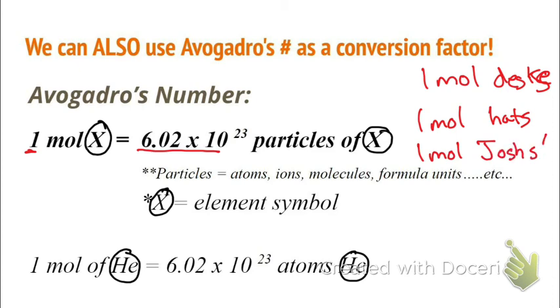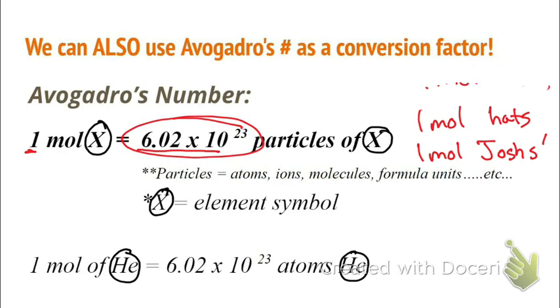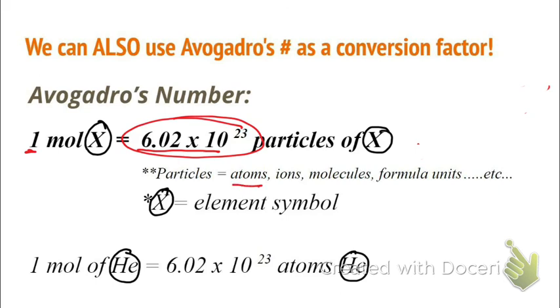It doesn't matter. 1 mole of any substance is going to have 6.02 times 10 to the 23rd power particles of that same substance. And by particles, we really mean atoms, ions, molecules, or formula units, anything. Particles is just a really nice general term that we can use.